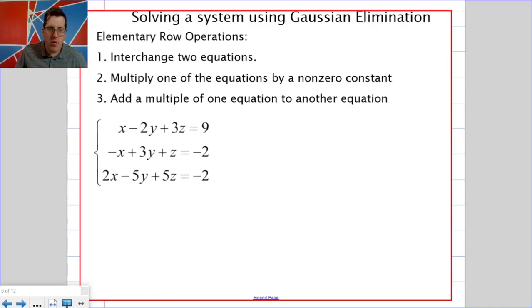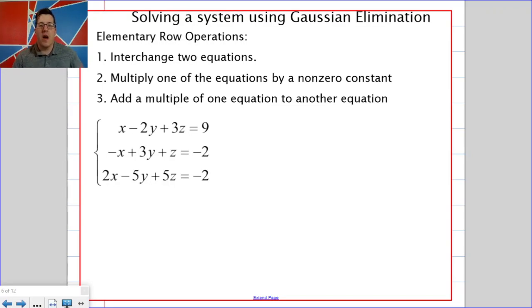So the methods that we're going to learn to solve are called Gaussian elimination and Gauss-Jordan elimination. They both follow the same process. But the idea is that by doing these elementary row operations, which you can see on the screen, you can rearrange the system of equations in order to be in this row echelon form or reduced row echelon form.